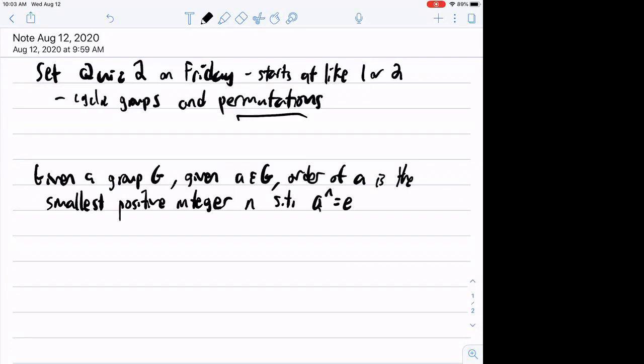So it's the smallest positive power you take such that you get the identity, right? And then we write the order of a, which is n.